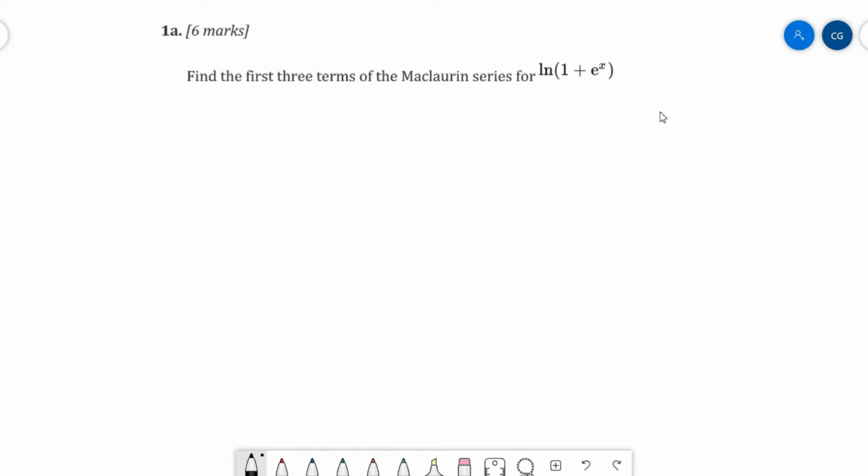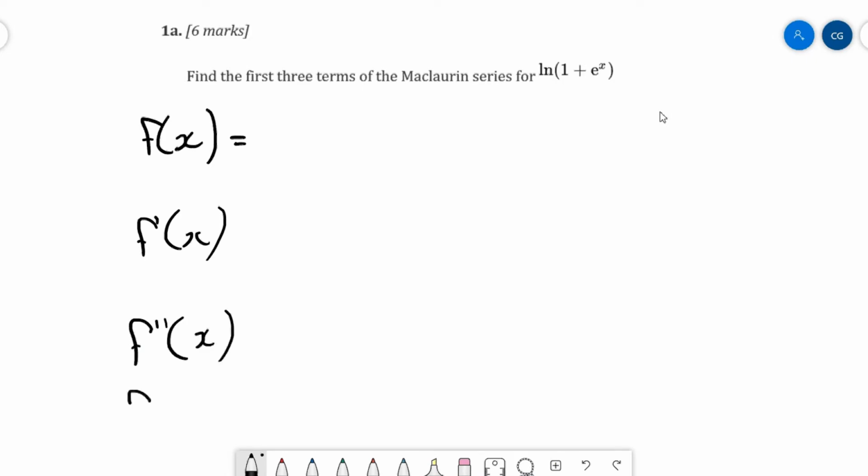So what we can do, if we wanted to start early or easy, is say, sure, let's find f of x. Let's find f dash of x, the first derivative of f of x, the second derivative of f of x, or maybe the third derivative of f of x. So f of x is given as natural log of 1 plus e to the power of x.